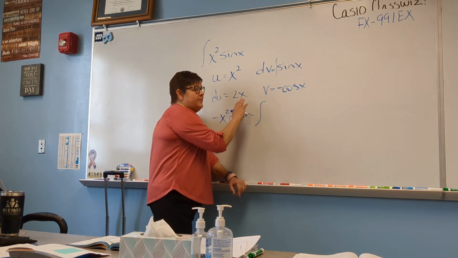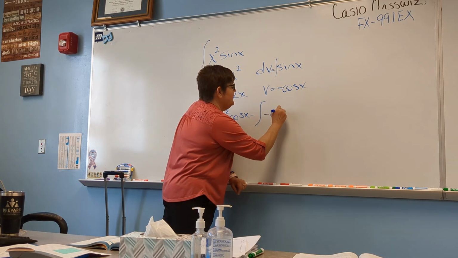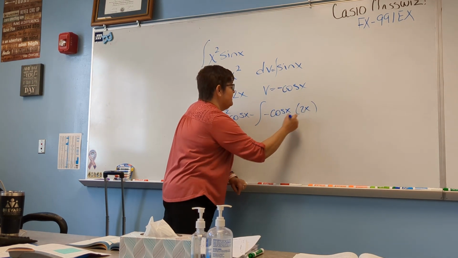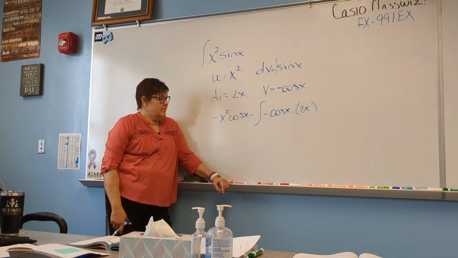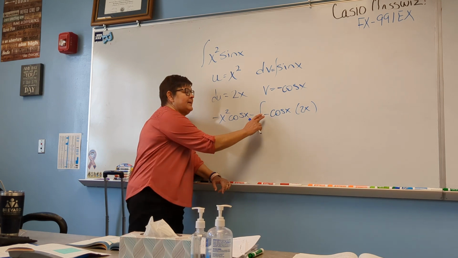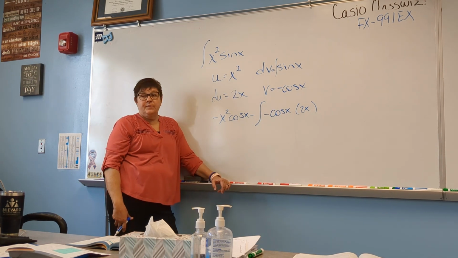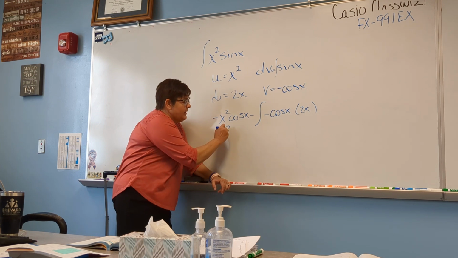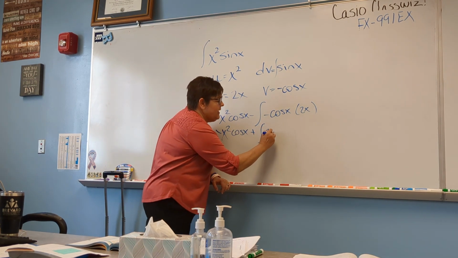So I'm going to write it out, hold on. Negative cosine of x times 2x. Can I clean this up a little bit, like this negative, can I do something with that? I can pull that out. So negative x squared cosine of x plus, and then I'm going to put 2x in front.